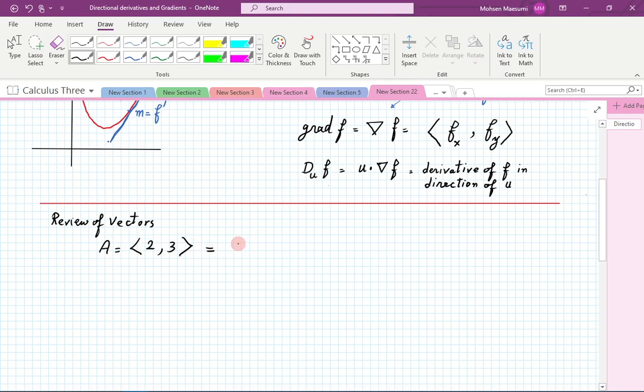Your textbook is going to write it as 2i plus 3j, with the unit vectors i and j bold-faced, and sometimes with a little arrow on top of them. It's going to take too long for me to reproduce that, so I prefer this notation. Angle brackets with entries separated by commas is just as good, and also used in your textbook. So suppose I have another vector, and say this is ⟨4, 5⟩.